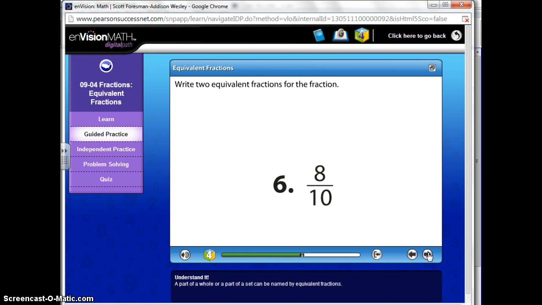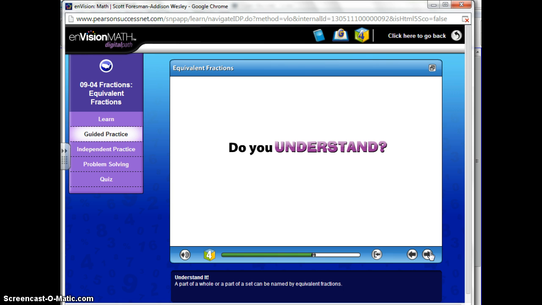Aiden. 4/5 is the only answer. Every single person in this room should have it. These are both even numbers, so we can divide them both by 2. 4/5 is the only answer you could come up with, unless I allowed you to multiply. Then we could come up with more. Okay.